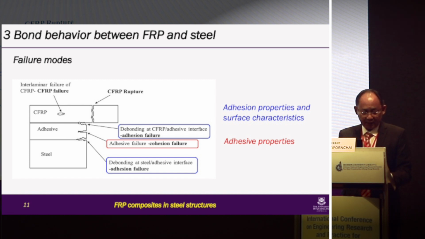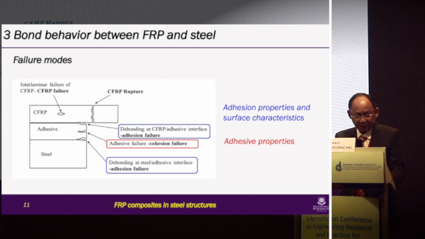Now, for an adhesively bonded FRP to steel bonded joint, there are 3 materials and 2 interfaces involved. Possible failure modes could be material failure, such as interlaminar failure, CFRP rupture, or delamination, and adhesive failure.